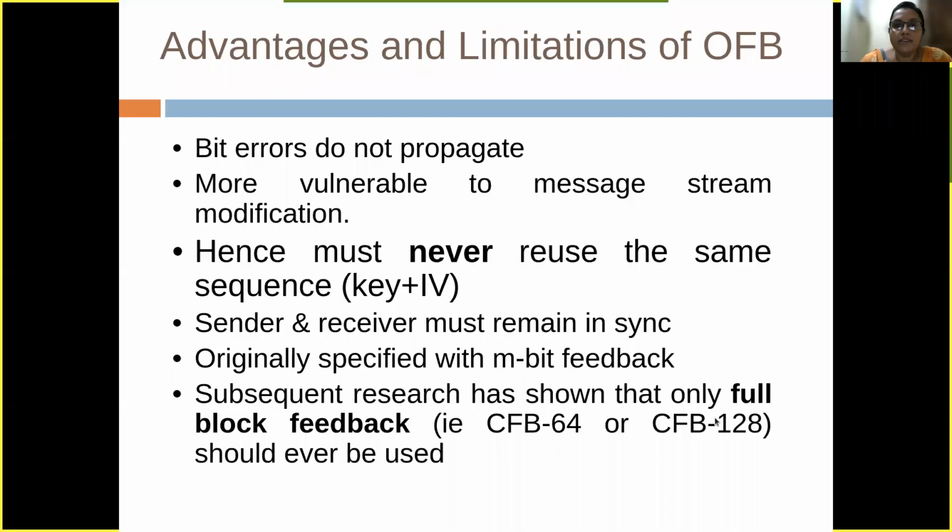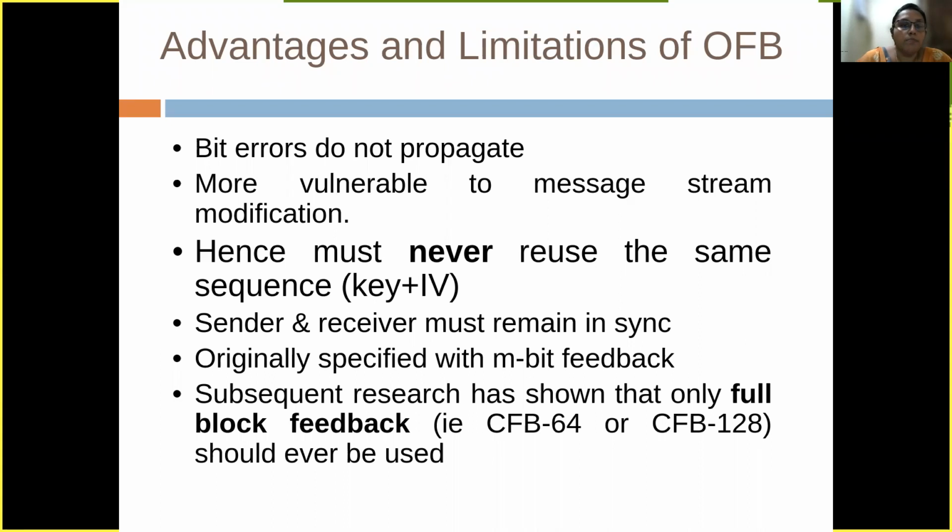Now we're going to look at the advantages and limitations of OFB. You can see that errors do not propagate, so that's an advantage. It is more vulnerable to message stream modification. So if we reuse the key plus IV sequence, then it is possible that the message can be modified and the cipher can be changed.